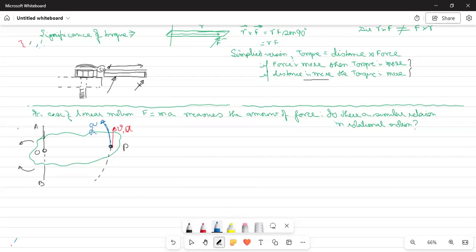The angular velocity omega and alpha are along the arc. And let us consider the distance of the point from the axis of rotation is r.